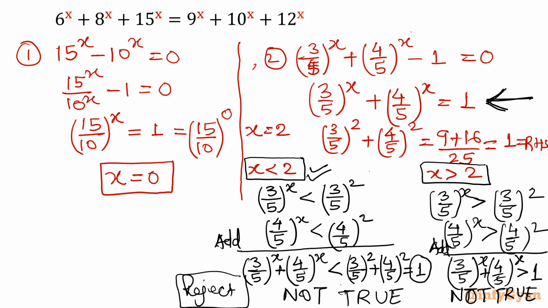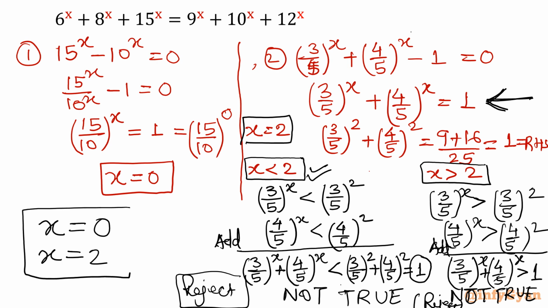So that means no solution. Again, it will be rejected. Hence, x equal to 2 and x equal to 0 is our ultimate solution. Now we will cross-examine whether these values satisfy the original equation or not.